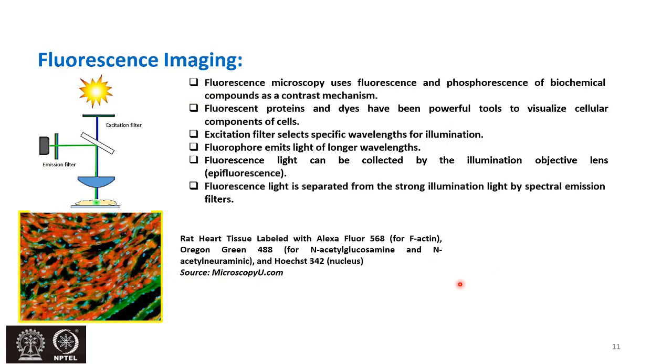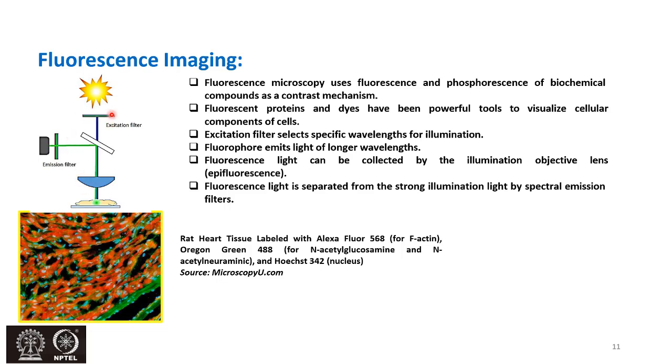Then we have fluorescence microscope or fluorescence imaging. This uses the fluorescence and phosphorescence phenomena of the biochemical compound as a contrast mechanism. Why we are seeing different colors is because of the fluorescence phenomena I told about: when we put, suppose, a UV light on this sample, depending upon its absorbance and emission property, it will emit different colors.